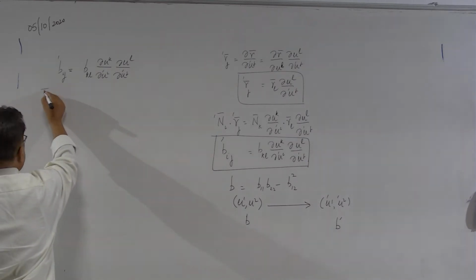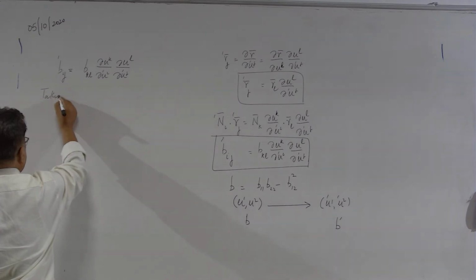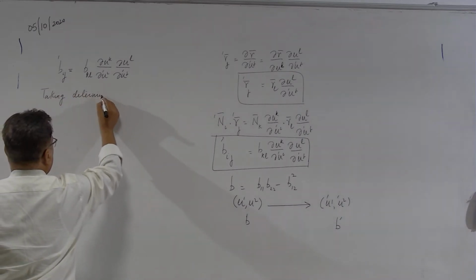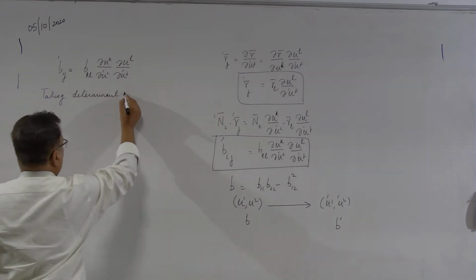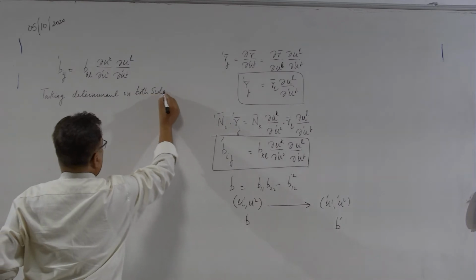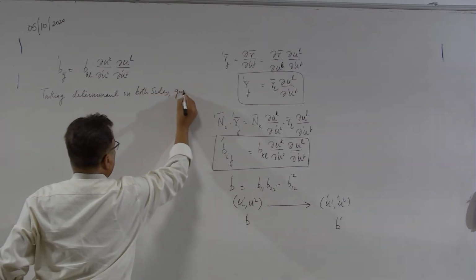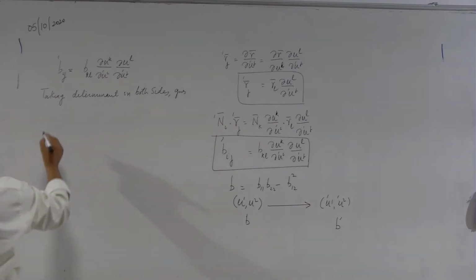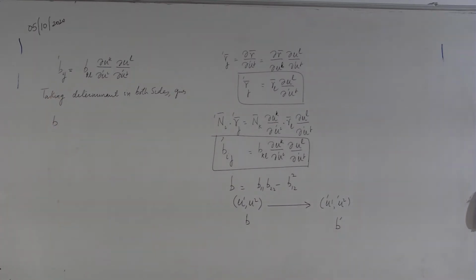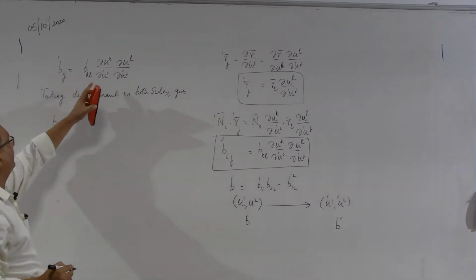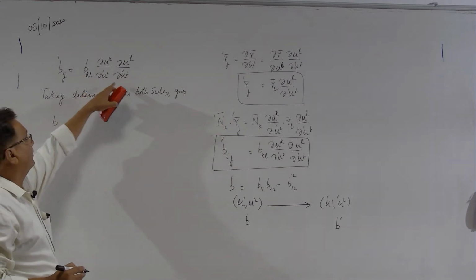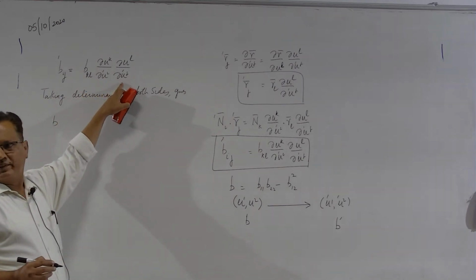Taking determinant on both sides gives determinant of b dash ij, which I will call b dash. On the right side you have the determinant of this matrix into the determinant of this matrix into the determinant of this matrix.